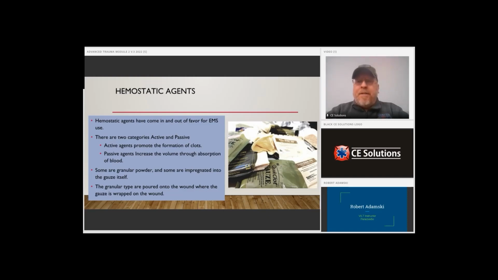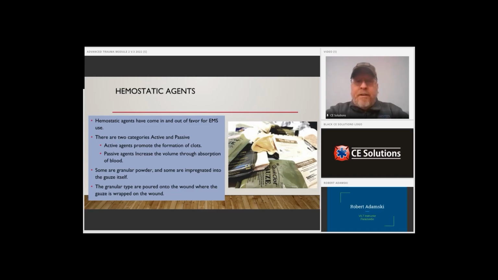Typically speaking, the research we've done since 9/11 has shown that the impregnated gauze tends to have superior hemorrhage control qualities compared to the powder version.